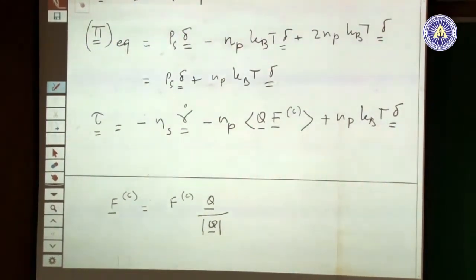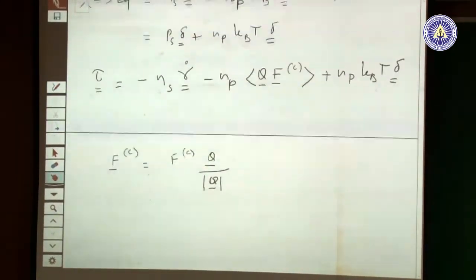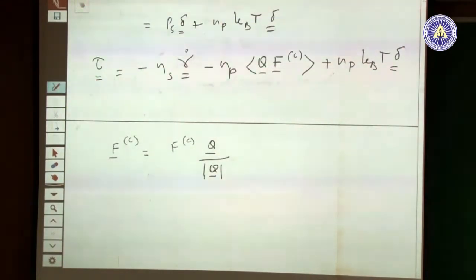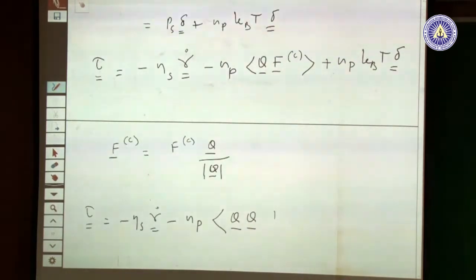So we can see that even in general the deviatoric stress would be minus eta s gamma dot minus np q q Fc over mod of q, that is just a scalar, this whole thing, plus np kBT delta.